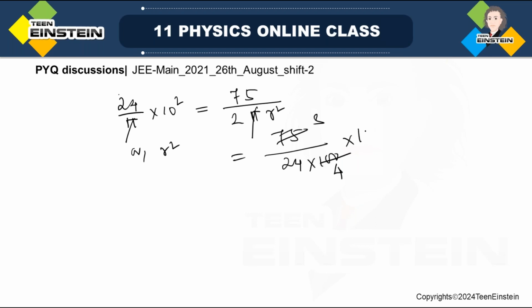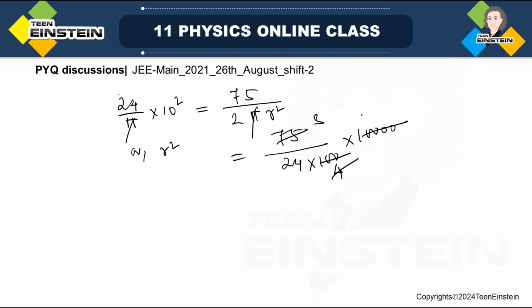If I multiply 100, I see I have to, this is centimeter square, then I have to multiply actually 4. So I think this will give you the correct answer here.